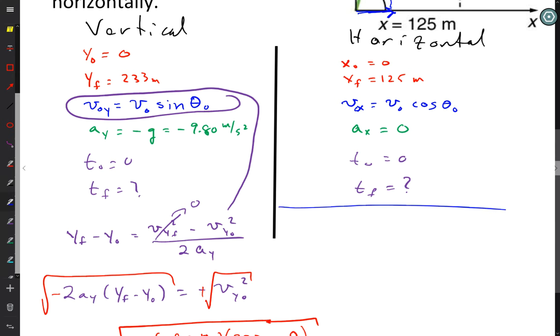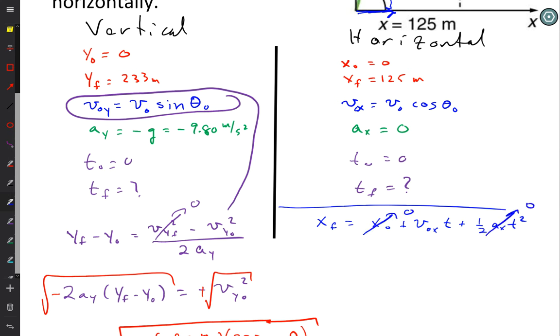So now I'm going to have x final equals x initial plus v initial x t plus 1/2 ax t squared. Put zeros for the x initial because they start at x. We have it written there. 0 for the acceleration. And I have a very simple equation for time.